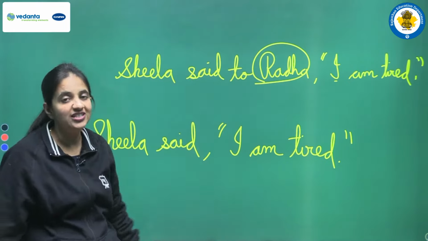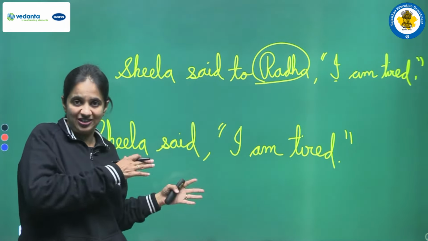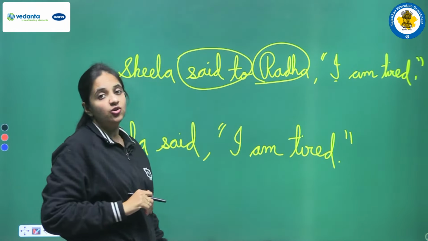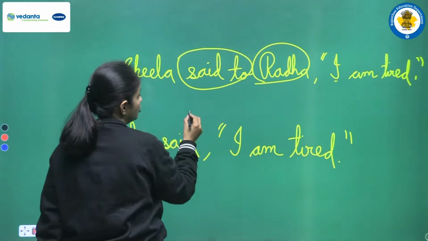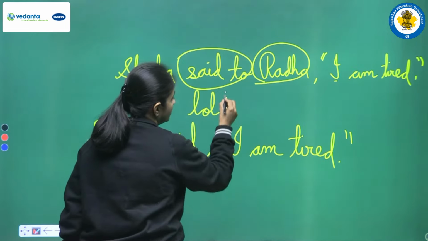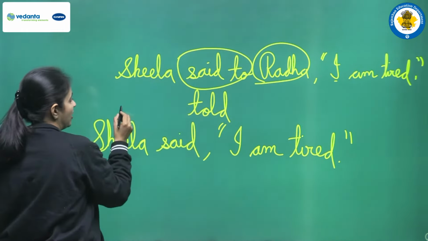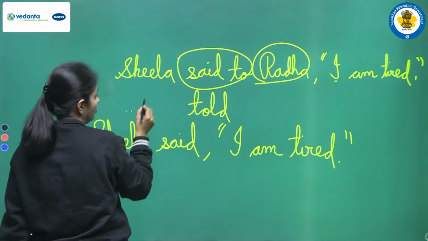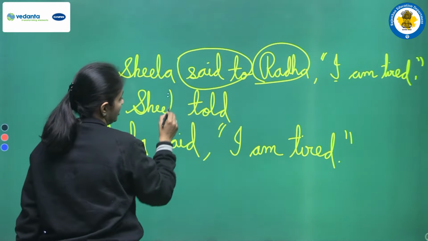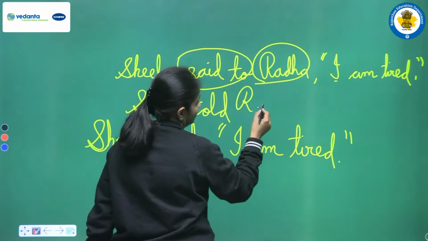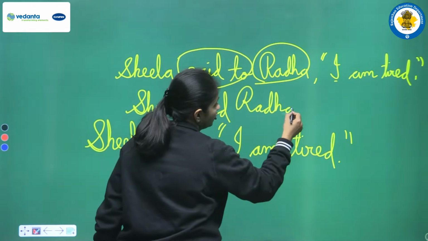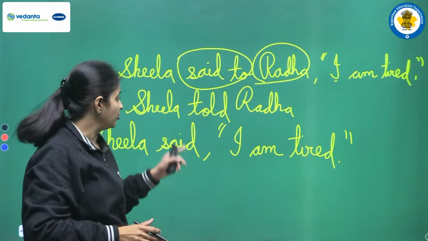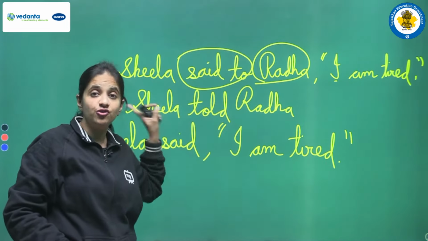According to the rule we just read, if we have said to, we have to convert it to told. So when converting this sentence from direct into indirect, we will write: Sheila told Radha. Right now we are not talking about the changes in the reported speech, only the reporting verb, so just focus on that.